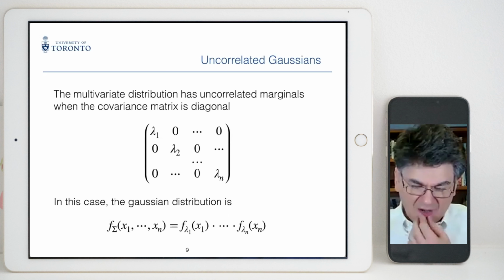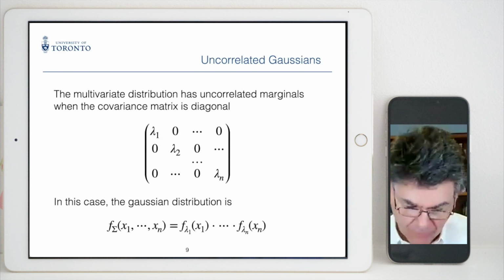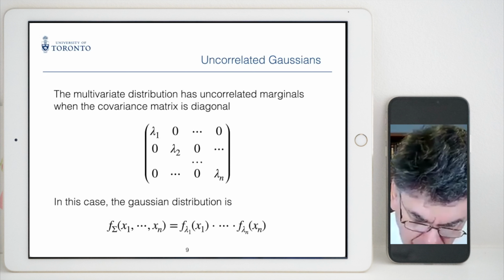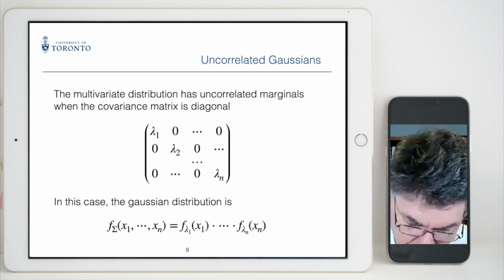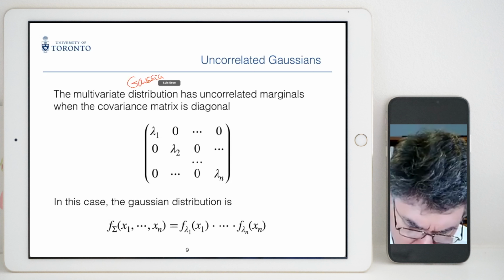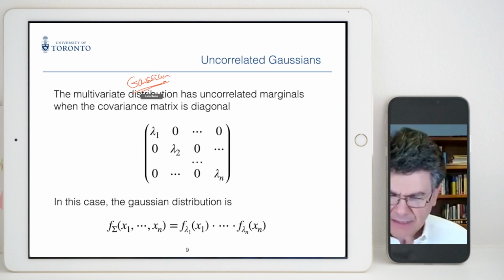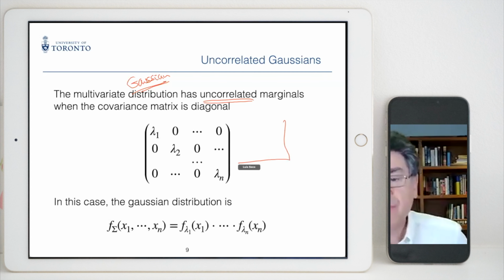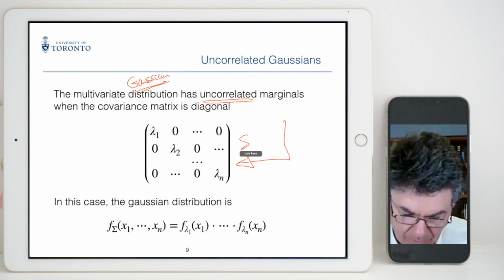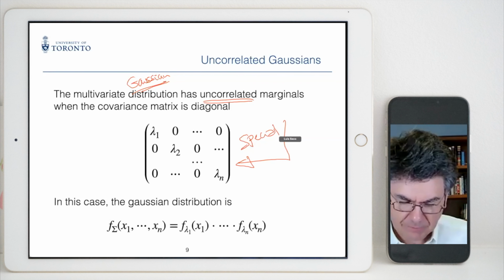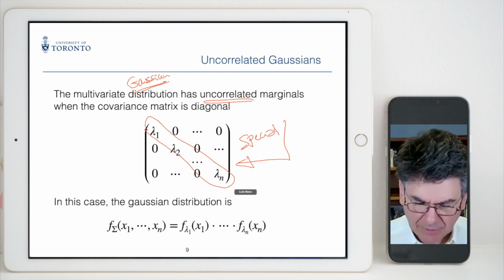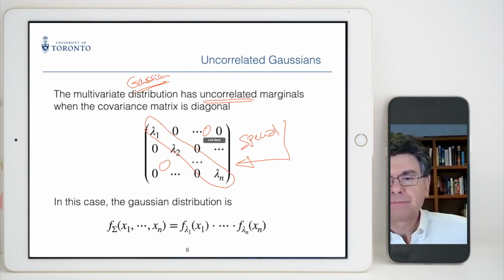Now, here is something that I hope you know. If my multivariate Gaussian has uncorrelated marginals, then the variance covariance matrix is of a very special form. Okay, it has a diagonal, and then it has zeros outside of the diagonal.